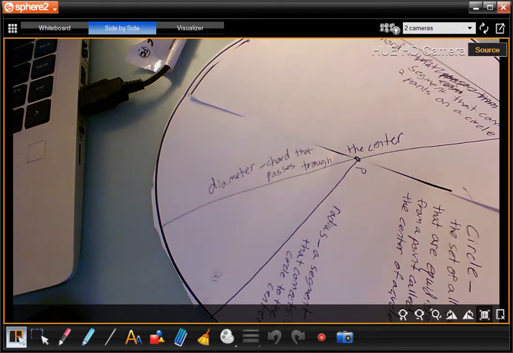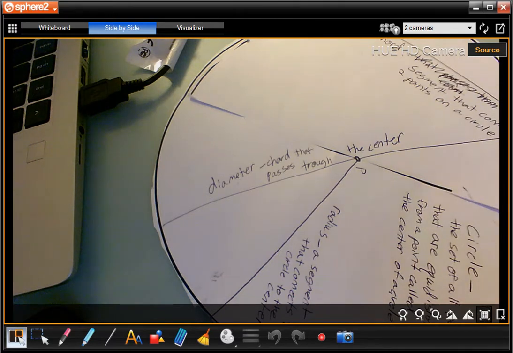Okay? So we know that a radius is half of a diameter. So a diameter is just 2 radiuses connected. Goes through the middle, but every diameter is a chord. It's just a chord that passes through the center. It's just got that special part to it.